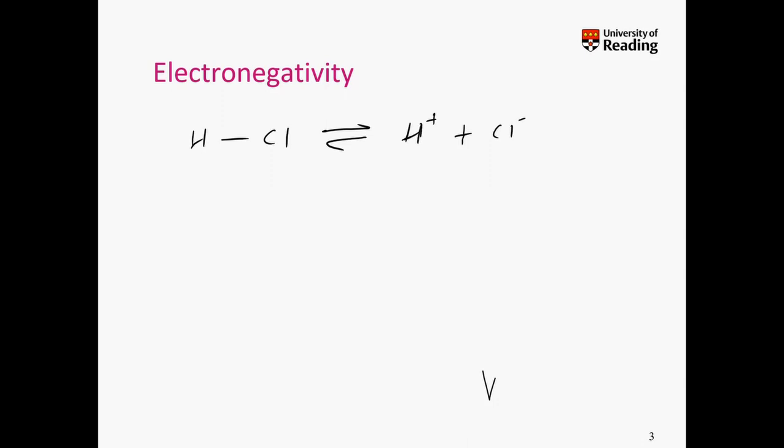And what we know in HCl is that we have a delta positive hydrogen and a delta negative chlorine. The chlorine atom in HCl is very electronegative, drawing the electrons through this bond towards itself to give that positive charge on the hydrogen and delta negative charge on the chlorine.